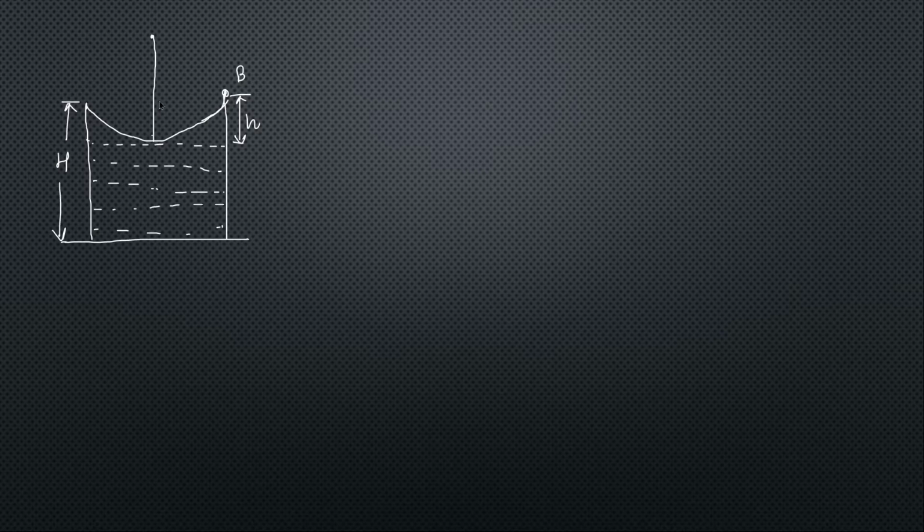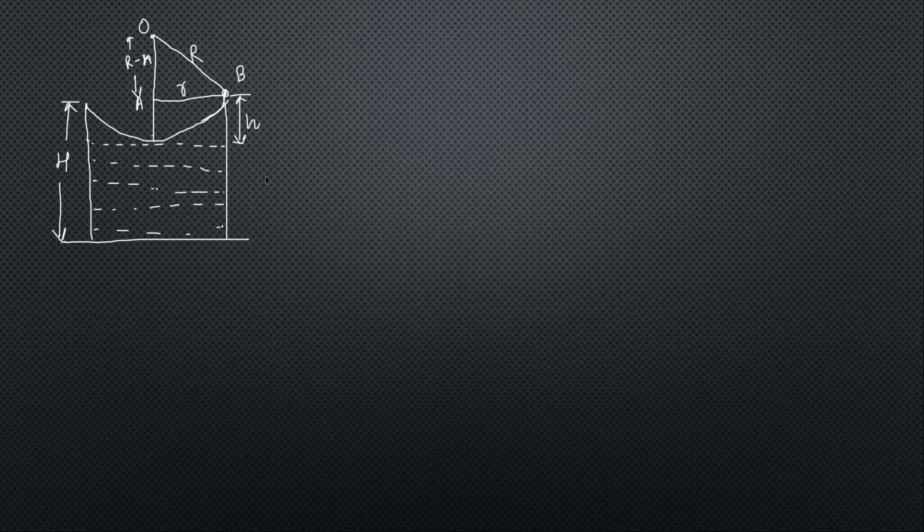Let us say this is point A, this is O, and this distance OA is capital R minus small h. This is small r, the radius of the beaker, and this is definitely capital R only, since it is the radius.